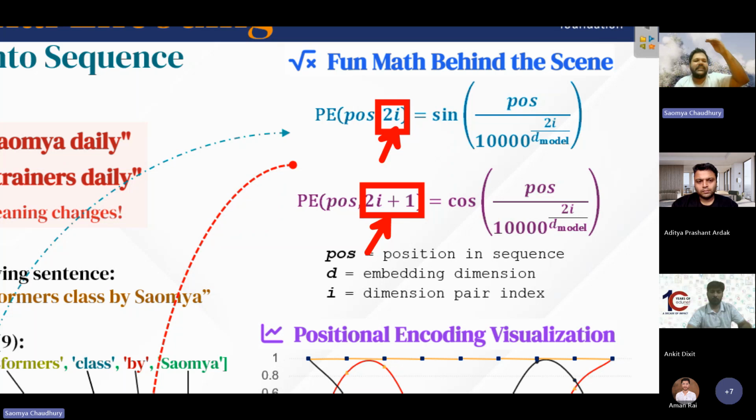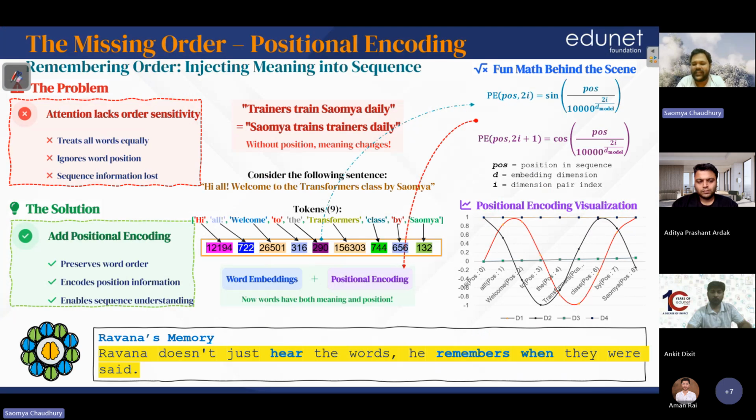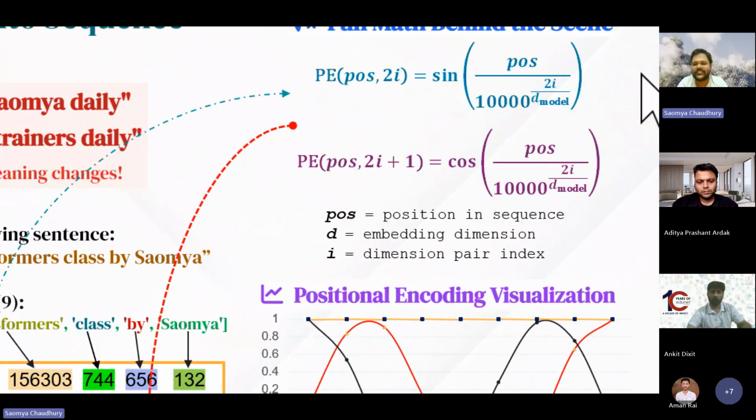That means dimension 0 and dimension 1 form one pair, and dimension 2 and dimension 3 form another pair. Where are these pairs coming from? One of them is a sine pair, the other is a cos pair, because you need two numbers to represent it in the form of a circular dimension. I hope that's understandable. That's what is happening in this context.